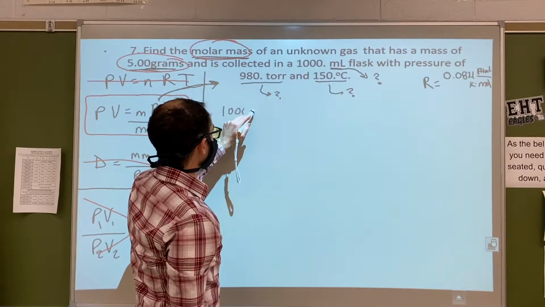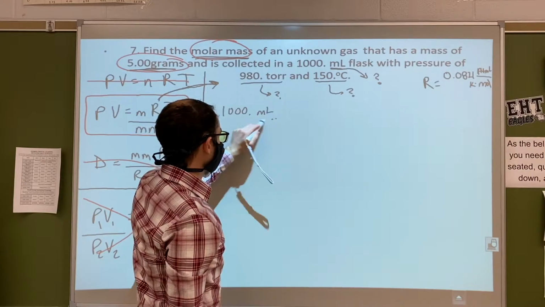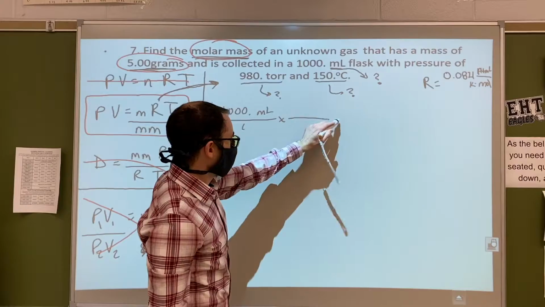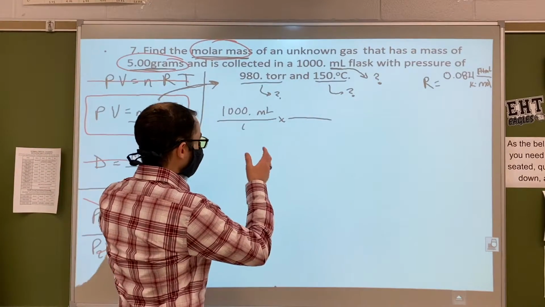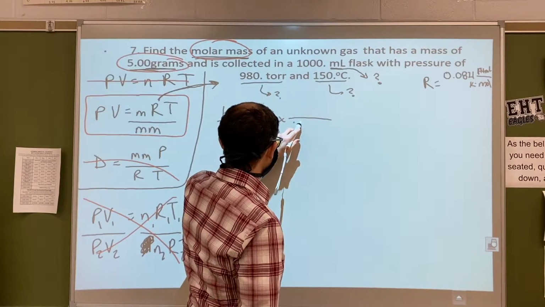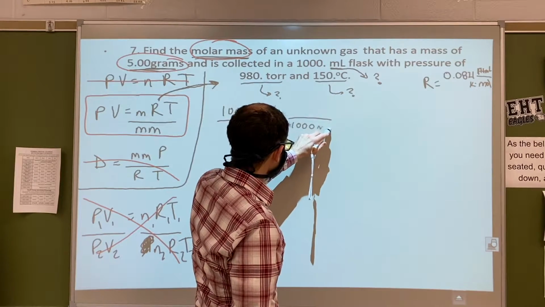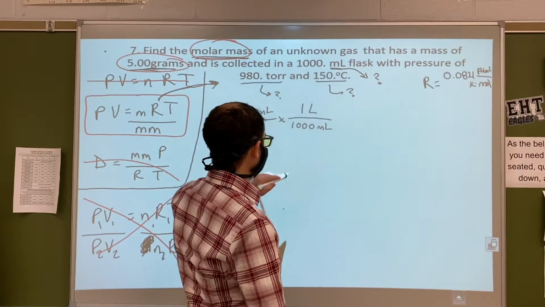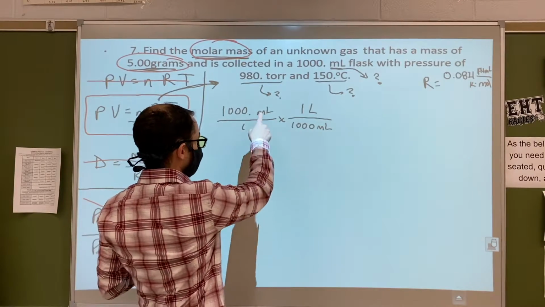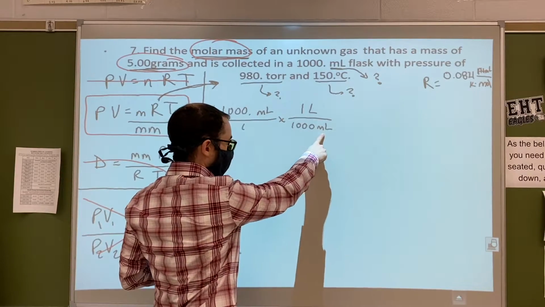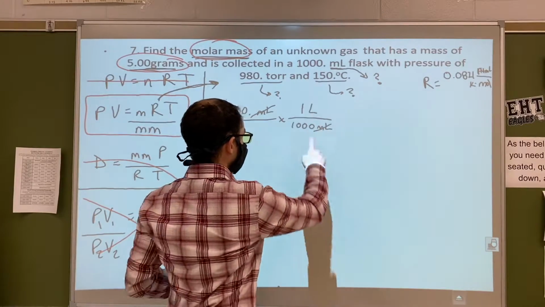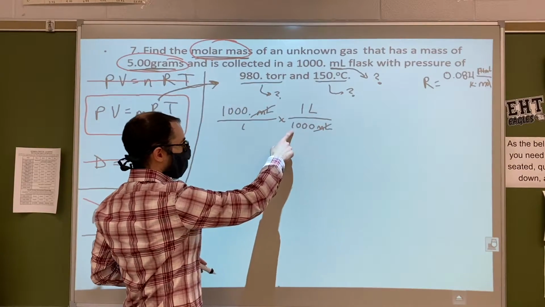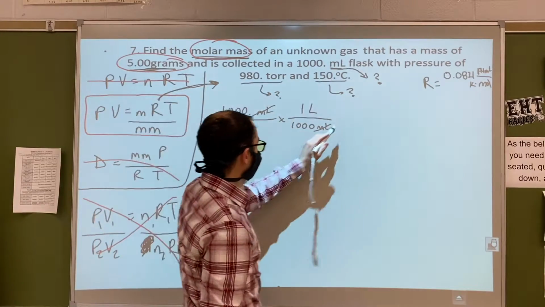So 1,000 milliliters. Every time you go from milliliters to liters, you pretty much do the same thing. We've done this a couple times this chapter, so have it somewhere that you can reference while you're studying so that it doesn't take you too long to do this part. Because it's basically this: milliliters are on the top, milliliters go to the bottom to cancel out, liters goes on the top, and there's 1,000 milliliters in 1 liter.